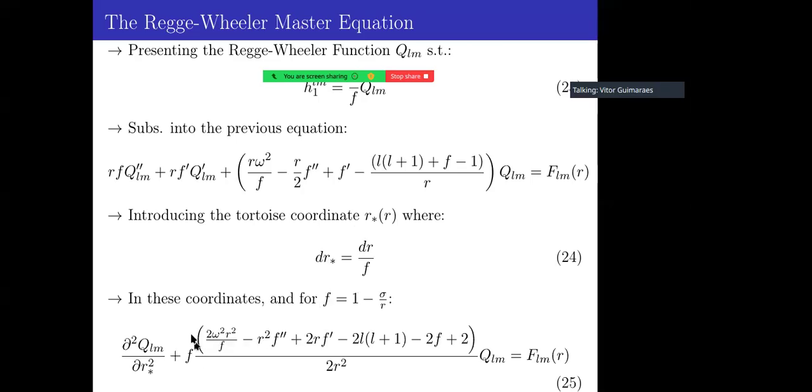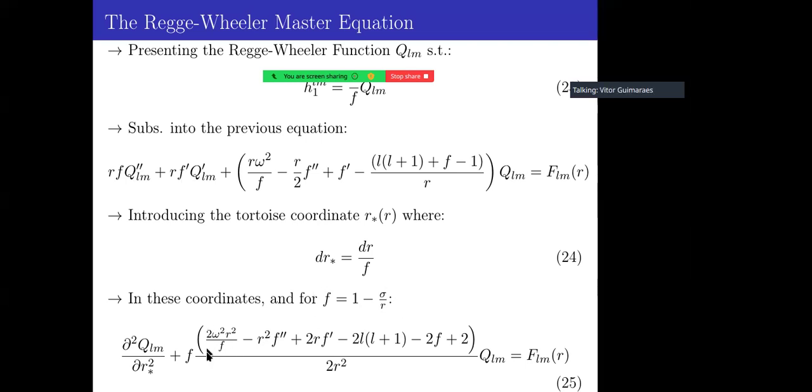Well, you would have a term here in first-order derivatives of Q. Here we have a second derivative with respect to r of Q, and here we have Q. But if we maintained the general form of f, there would be a term with the first derivative of Q times some combination of first and second derivatives of f, which for this form of f equals 0.